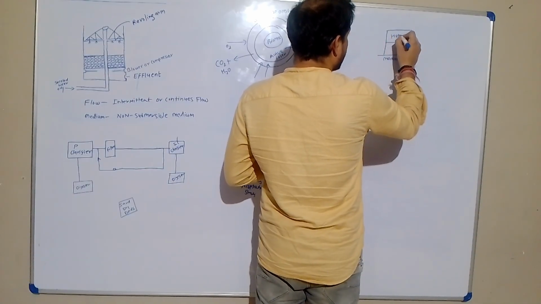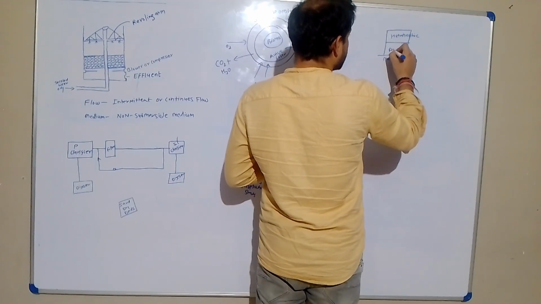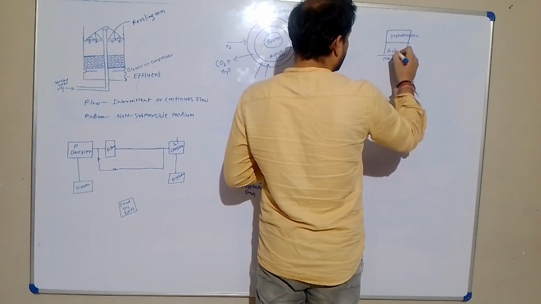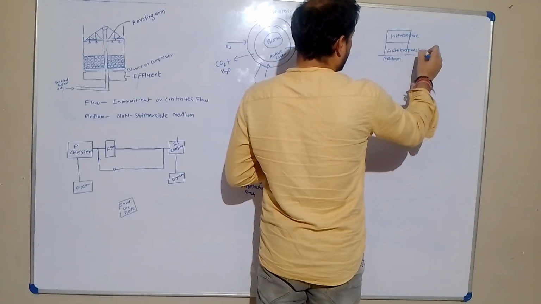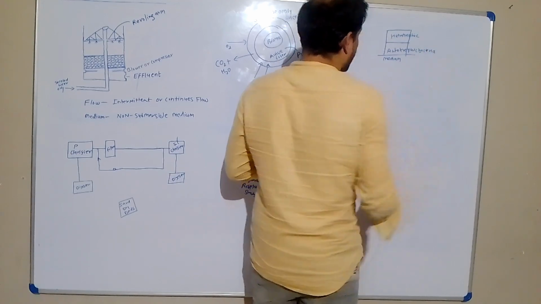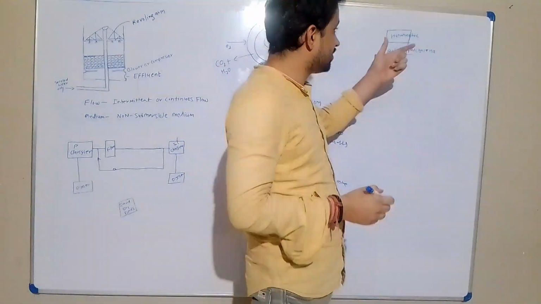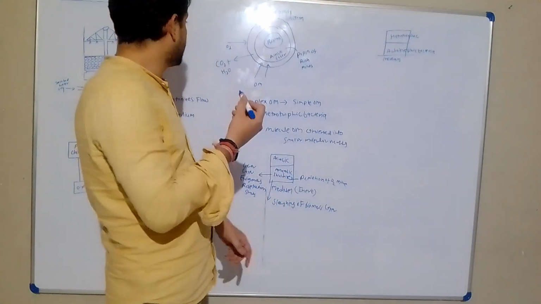This is the heterotrophic type of bacteria, and this is the autotrophic type of bacteria. The heterotrophic bacteria are the prime bacteria.